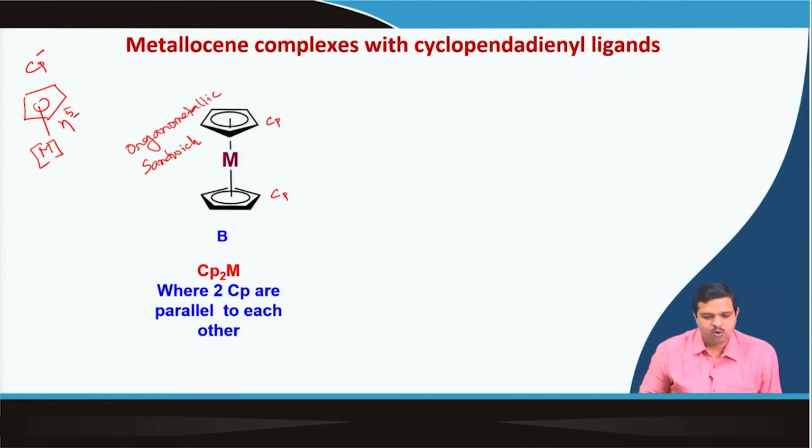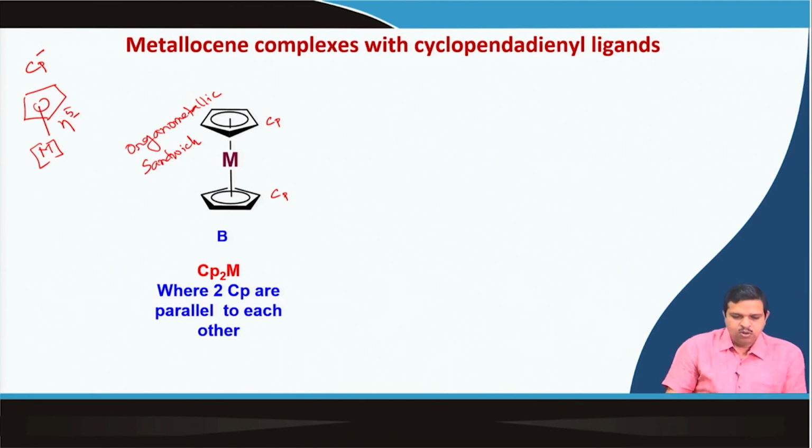This is a very interesting category of complexes, and you see the beauty of the structure: the metal center and the Cp ligands bonded through the pi system of the two Cp ligands. A very common example is ferrocene. I will discuss the bonding and molecular orbitals of ferrocene in the next slides.